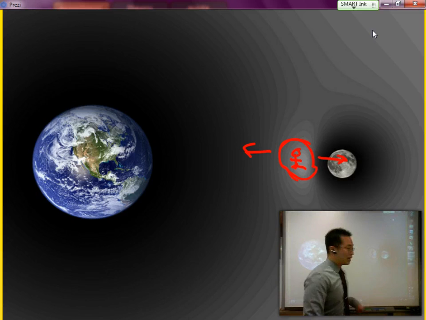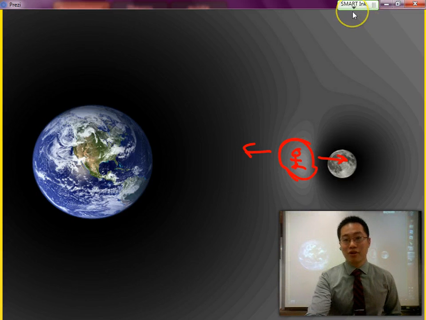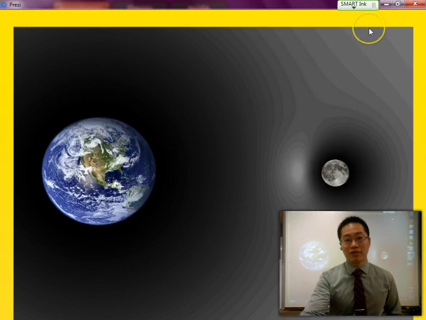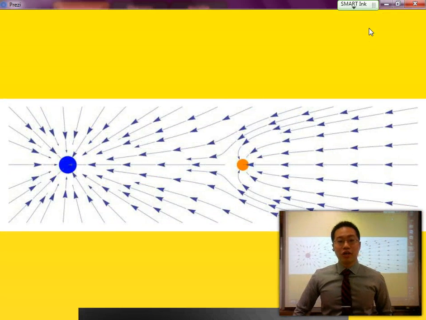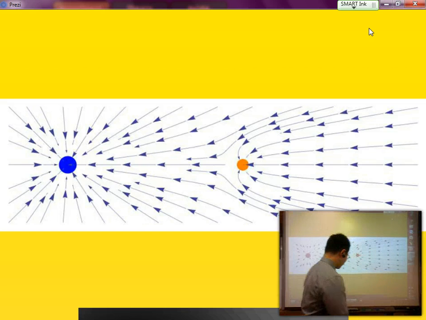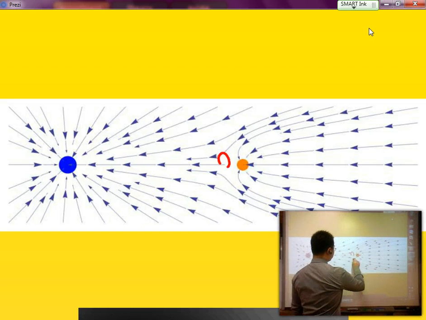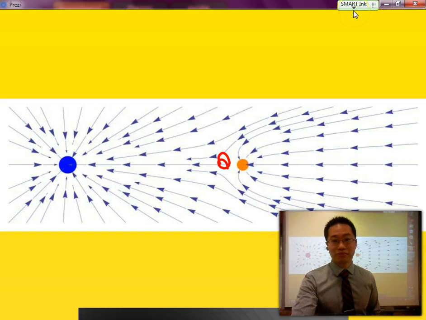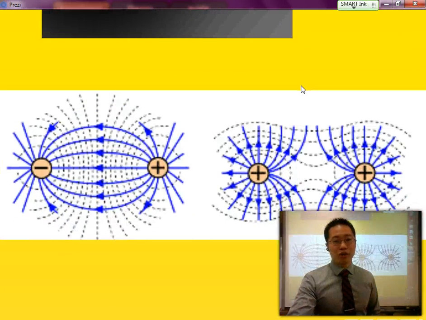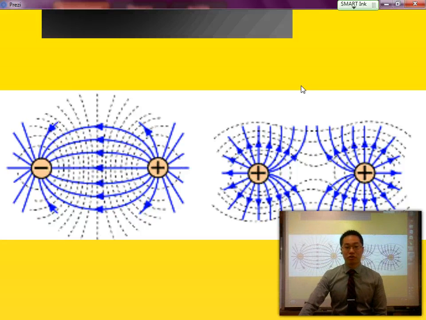So we know that in that area between the Earth and the Moon, the gravitational field lines are canceling each other out. And this is another representation of the gravitational force around the Earth and the Moon. You can see that closer to the Moon, the two field lines end up canceling each other out. So we could do that same drawing when we deal with multiple charges.